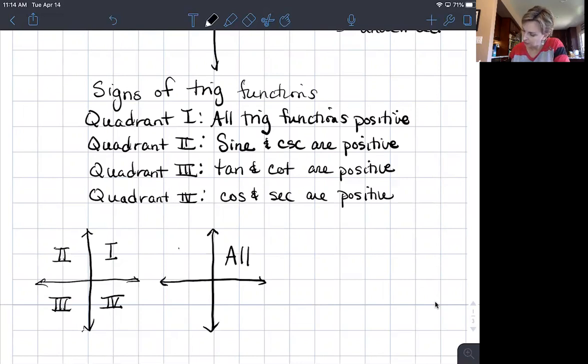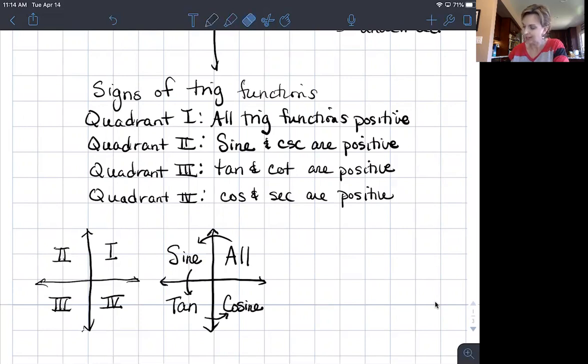In quadrant 2, sine and its reciprocal are positive. Quadrant 3, tangent and its reciprocal are positive. And in 4, cosine and its reciprocal are positive. So if we go from 1 to 2 to 3 to 4, that's what it looks like.